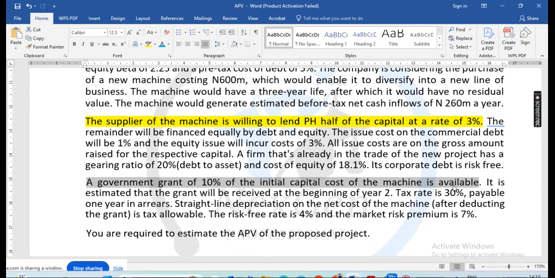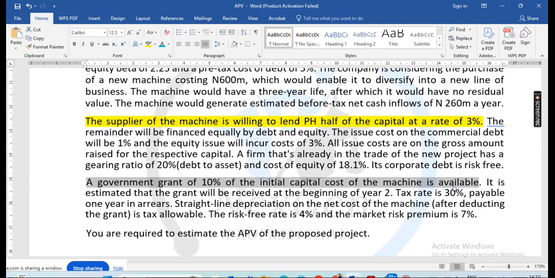A government grant of 10% of the initial capital cost of the machine is available. What it means is that government want to give grants. If government want to give this company grants, it will be an inflow, because they did not want to lend them anything.